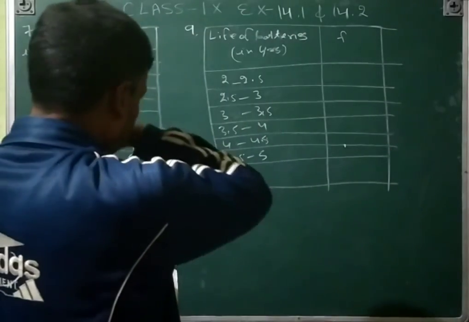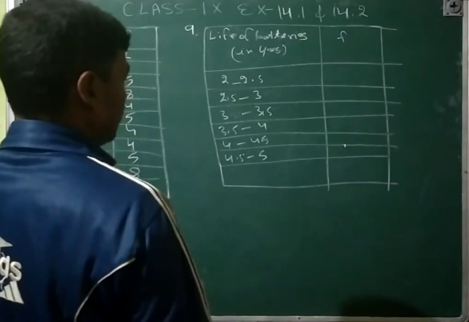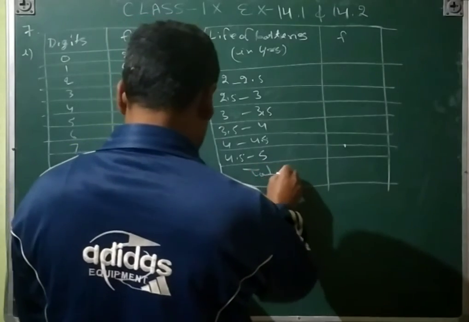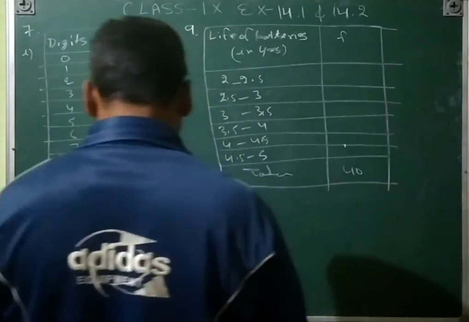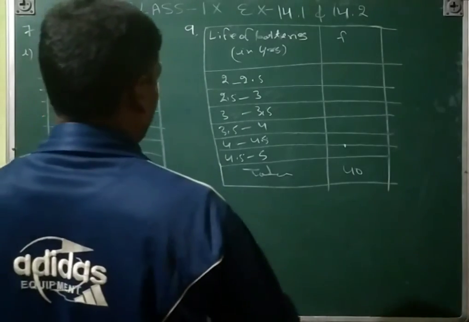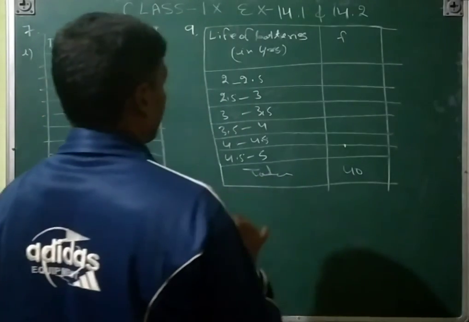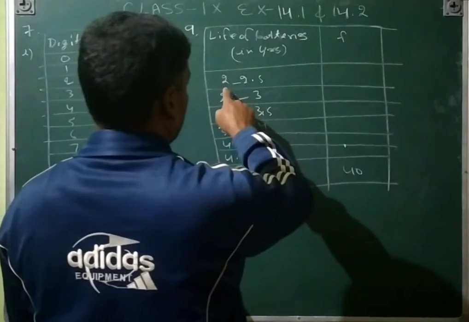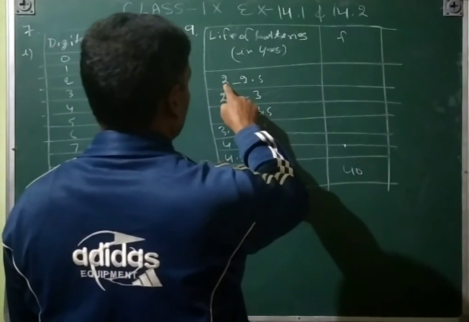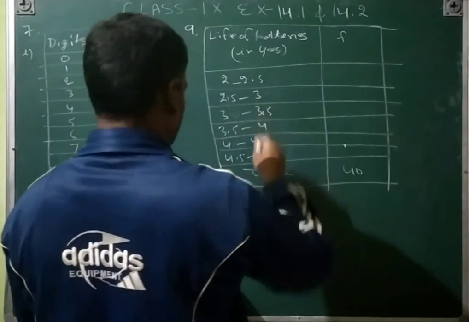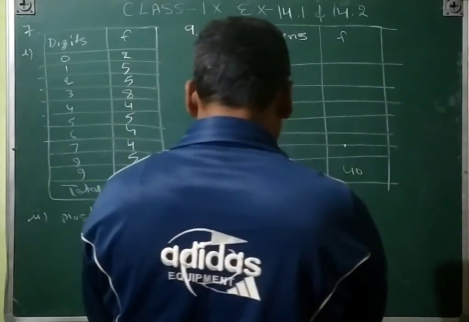And then we will see the total: the total batteries given are 40. So now we will take from your data 2, 2.1, 2.3, 2.2, 2.4, not 2.5. How many times have these numbers come?